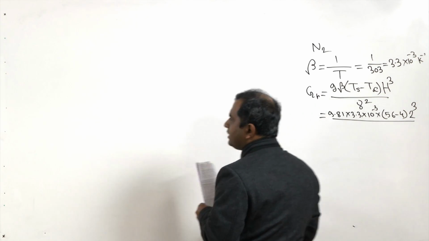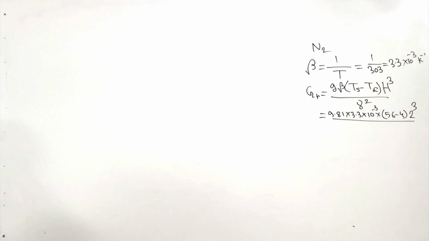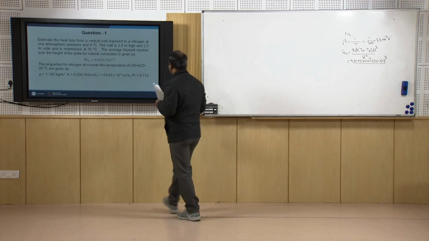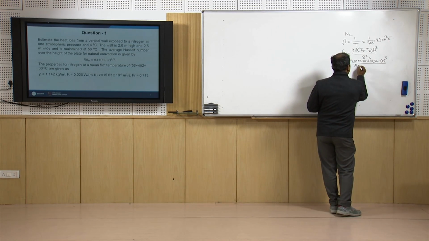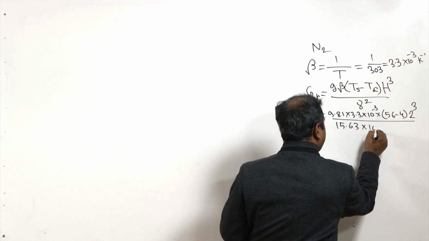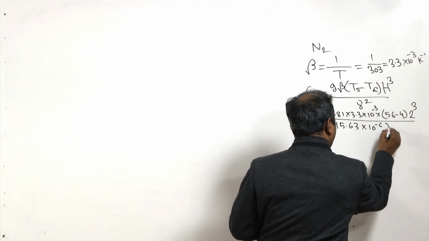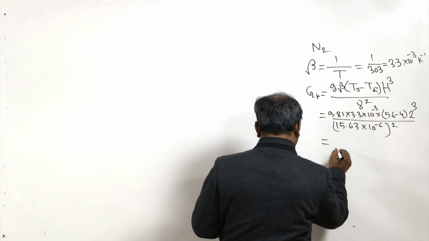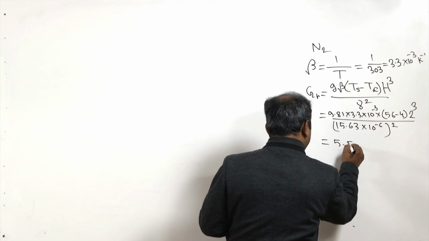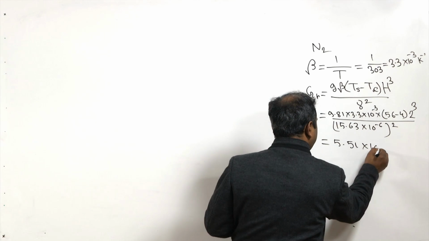Nu is also given in the problem. You can see nu is given over here as 15.63 into 10 to the power minus 6, so we put 15.63 into 10 to the power minus 6, whole square. If we find out the Grashof number like this, it comes out to be 5.51 into 10 to the power 10.